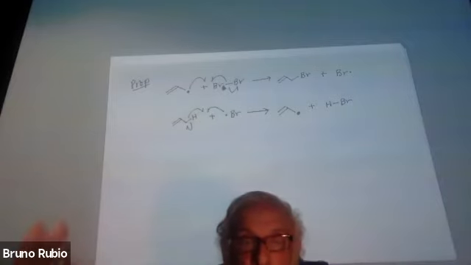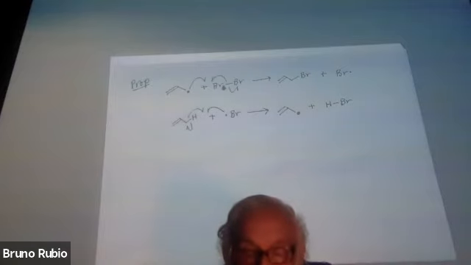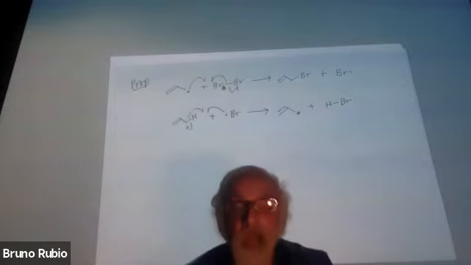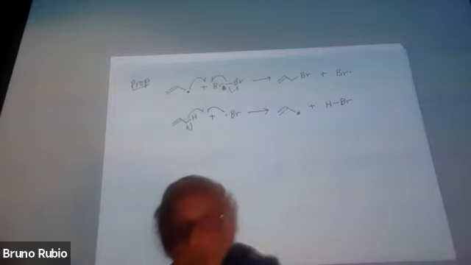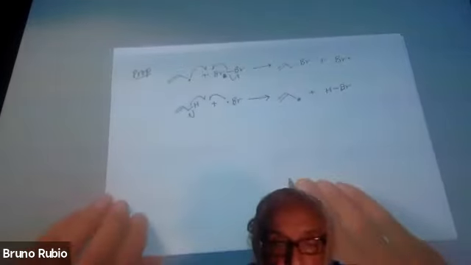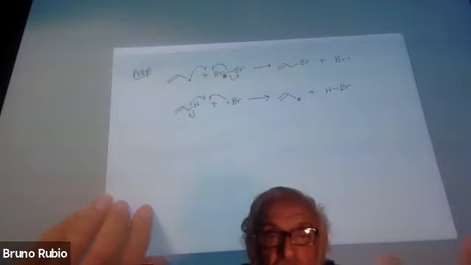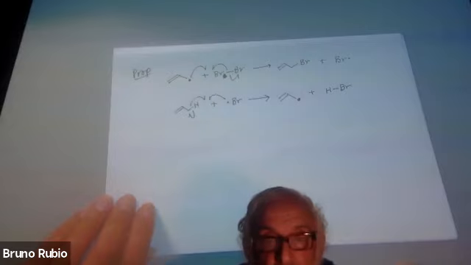Okay, and then we have termination steps, and I'll just let you work those out on your own. Remember, in termination steps, any radicals involved in propagation get their dots together to form a new bond. So we won't deal with termination for this. So as I said before, what I really want you to concentrate on when it comes to NBS is product prediction, right?